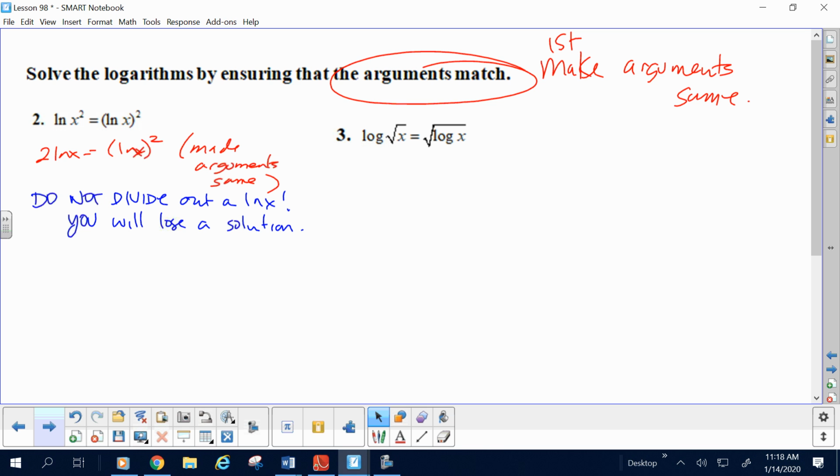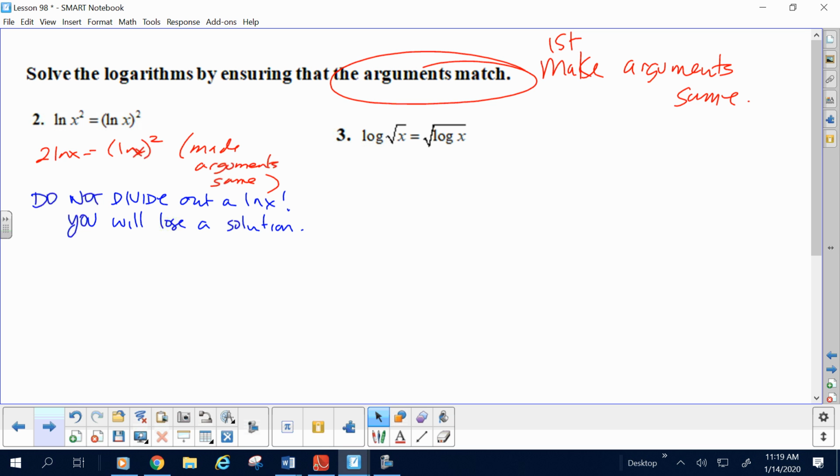This is bad math. You never divide out a variable. Instead, there is a proper way to do it. What is it? Move it to one side. Then what? Factor. And then solve. There isn't one solution. There are 2. Never divide out a variable. You lose solutions that way.